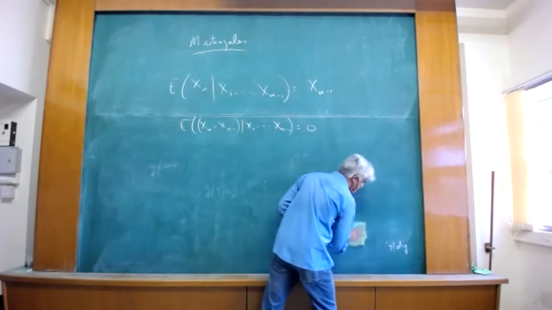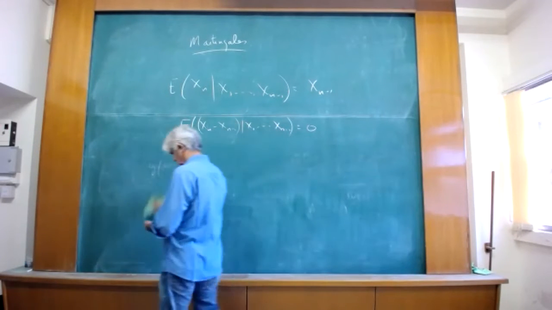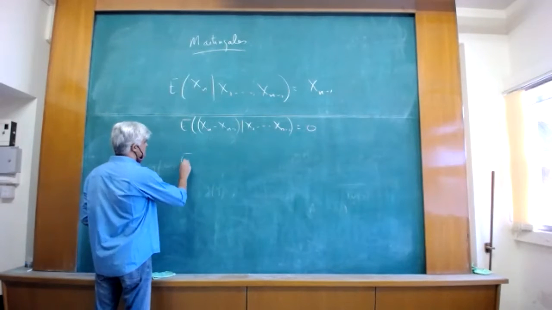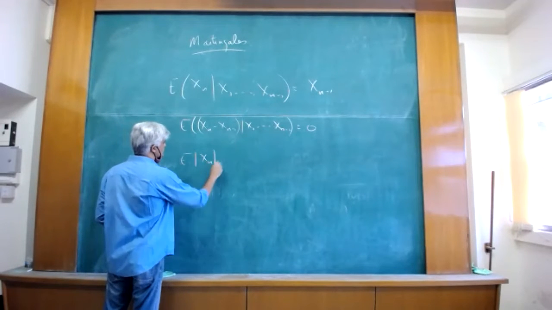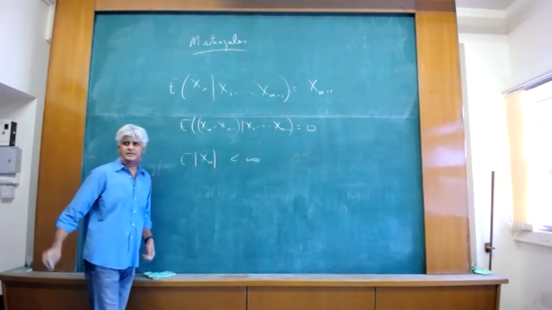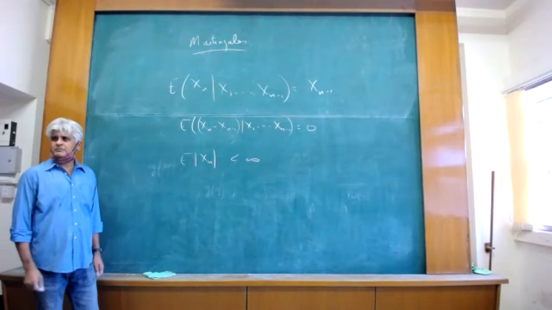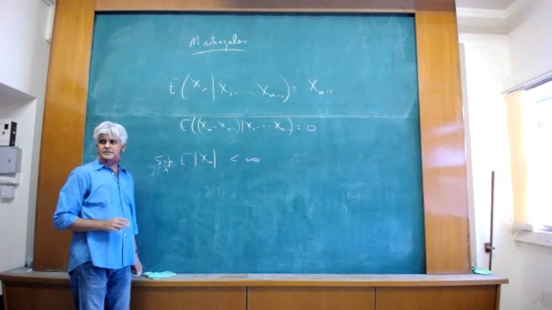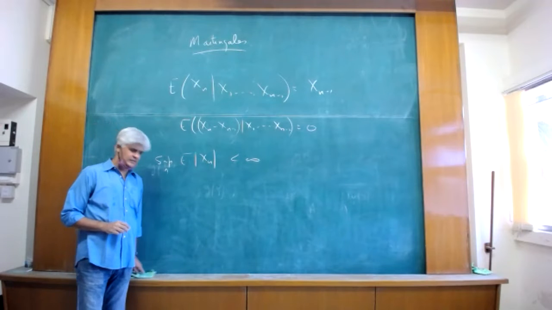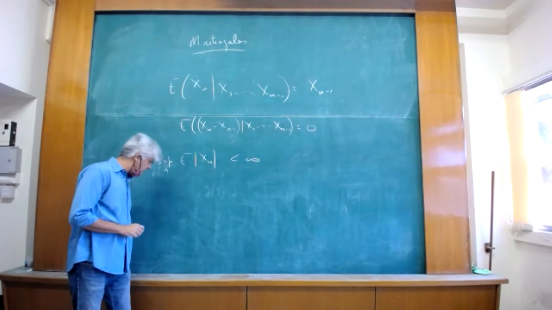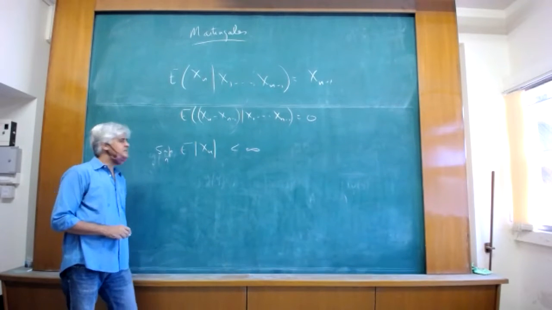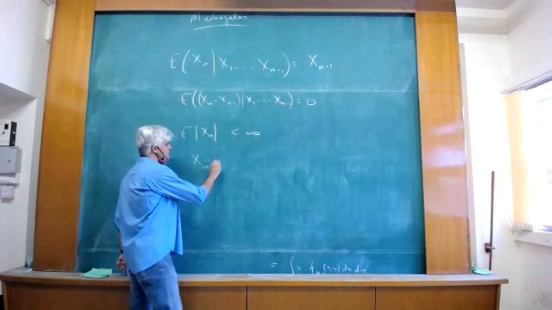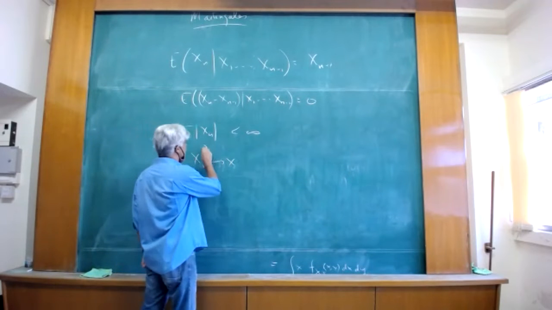So we insist in the martingale definition that we want the expected value of |x_n| to be less than infinity for all n. But we're not insisting on the sup condition. That may not hold. But just a simple condition like this tells you that x_n converges to x, and there exists such an x.